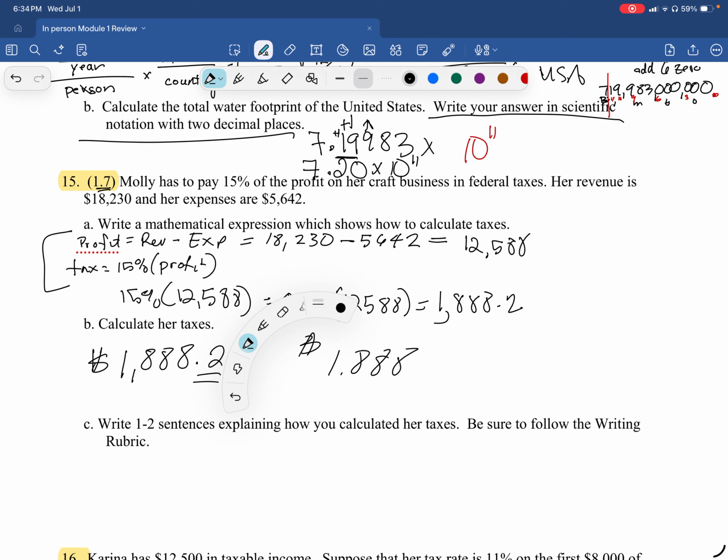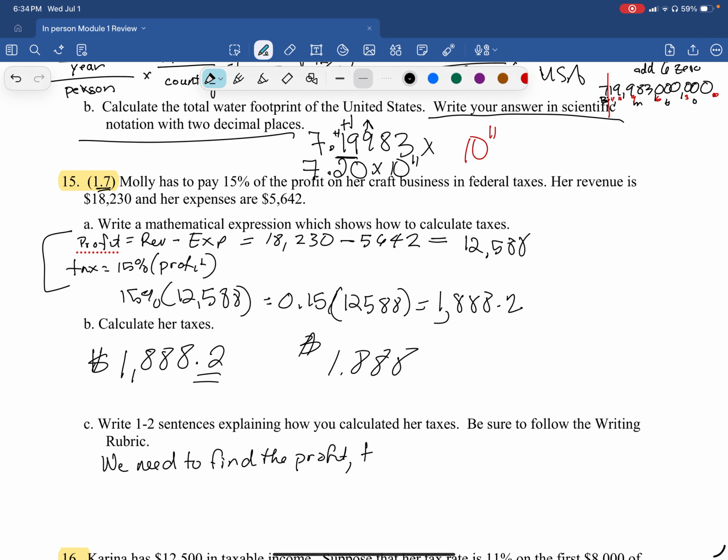Write 1 to 2 sentences explaining how you calculated her taxes. Be sure to use the writing rubric. So we need to find the profit. To do that, subtract expenses from her revenue.